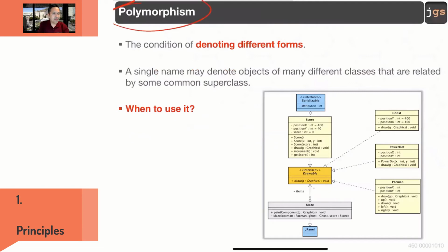That one is probably the most important principle in object-oriented programming: polymorphism. Can you help me to explain this? What is the definition? What is polymorphism in object-oriented programming?